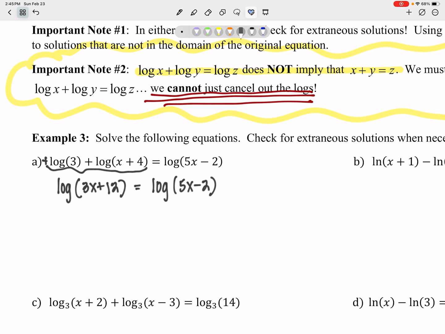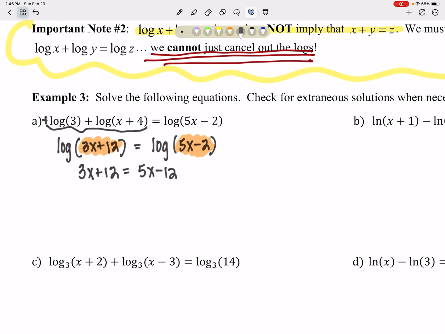Now that I've condensed the left-hand side to be one logarithm and the right-hand side is one logarithm, I can set the arguments equal to each other. So this argument equals this argument. If I'm using a highlighter and I'm highlighting more than one on the left and one on the right, likely I am going to get the wrong answer.